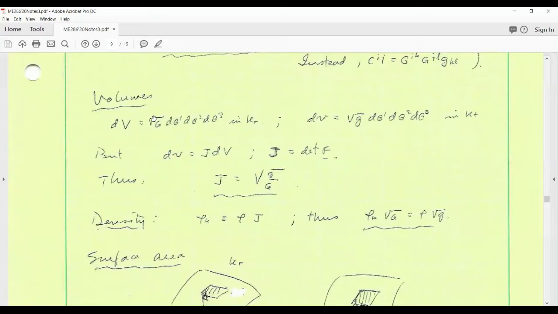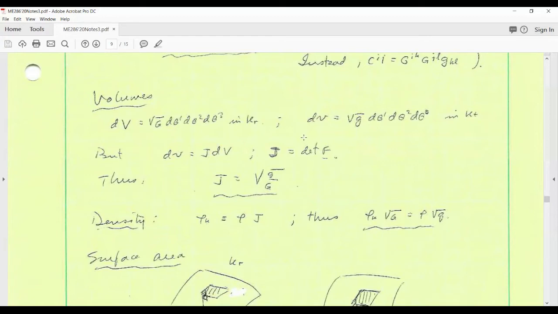So the same is true in the reference configuration. The coordinates are not changing, right? These are convected coordinates, the same in all configurations, but the metric is different. So we have the square root of the determinant of the referential metric, called capital G. We know from continuum mechanics, the ratio of these volume measures is just capital J, which is the determinant of F.